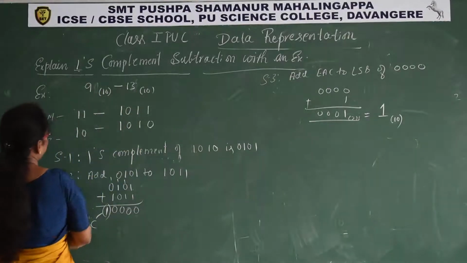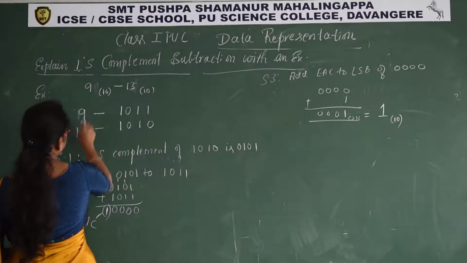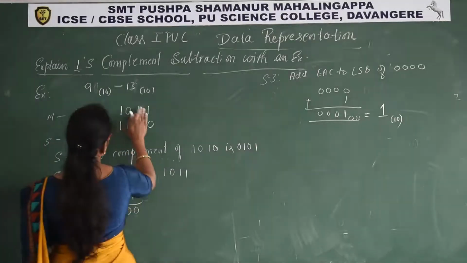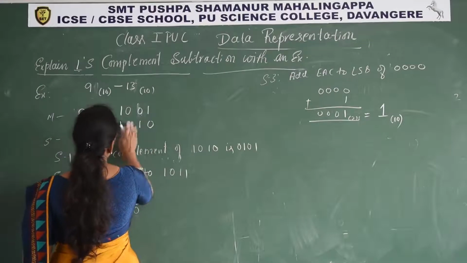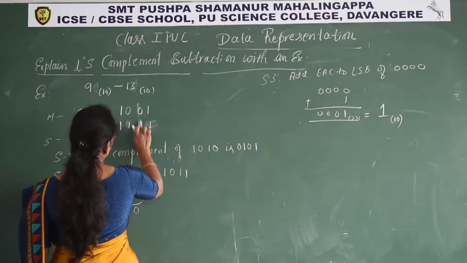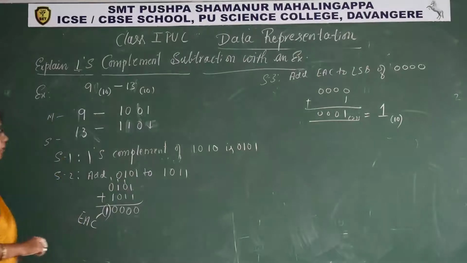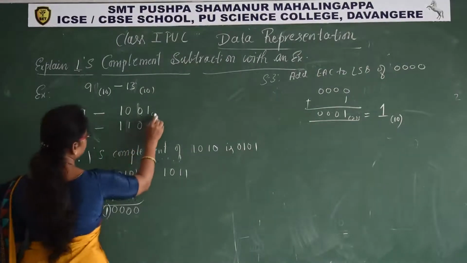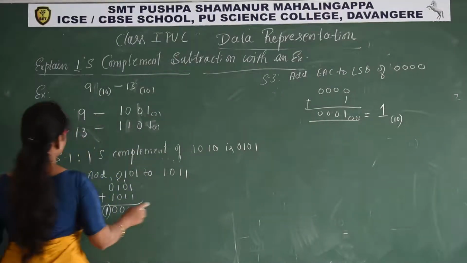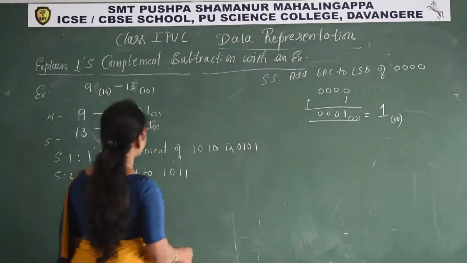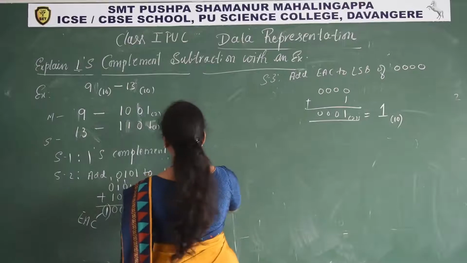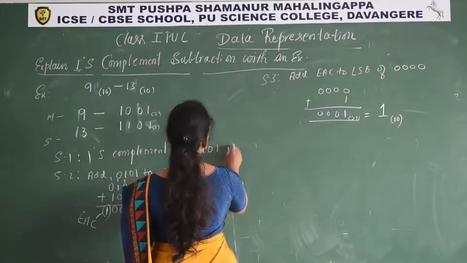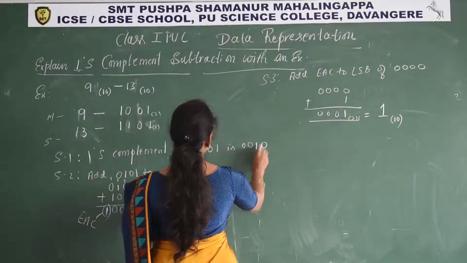One's complement subtraction. How to write 9 in 4 bits? 8 plus 1, 9 and 13. 12, 1. Okay, now this is binary conversion. How to write the one's complement of the subtrahend? 1, 1, 0, 1 becomes 0, 0, 1, 0.